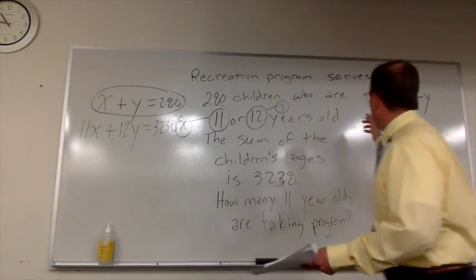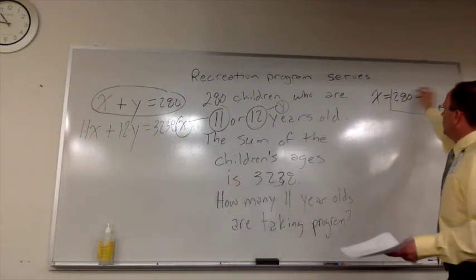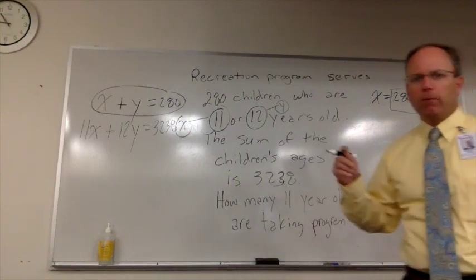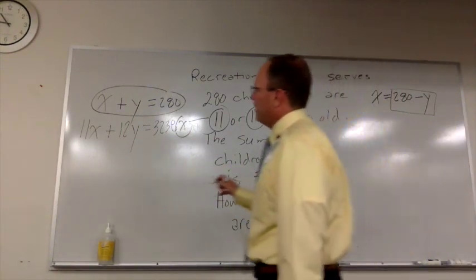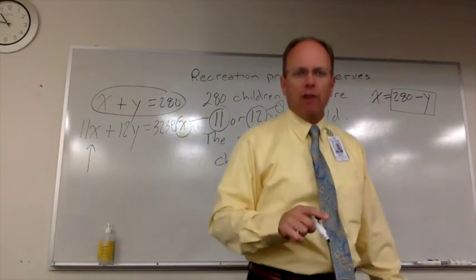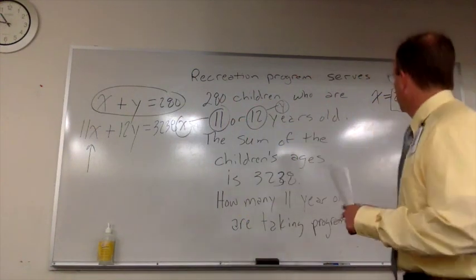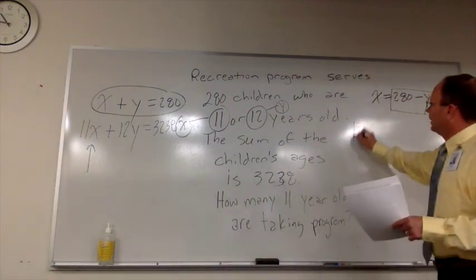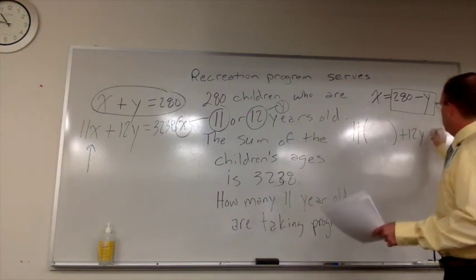So now we have this relationship: X is equal to 280 minus Y. If I take that X value and plug it into my other equation that I hadn't modified yet, I'm going to substitute a whole portion.